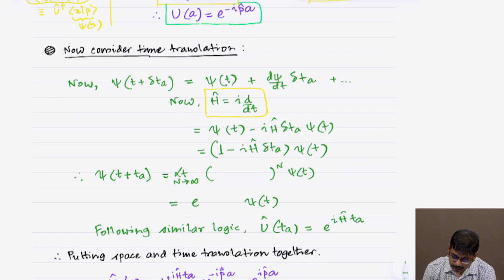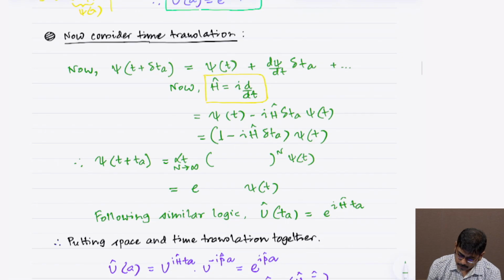And similarly, now I can do this step infinitely many times, with capital N number of times, to take you from psi of t to psi of t plus t a. So, therefore, psi of t plus t a will be limit n tending to infinity of 1 minus i H hat delta t a, whole to the power n.